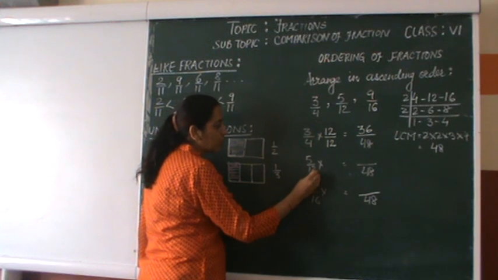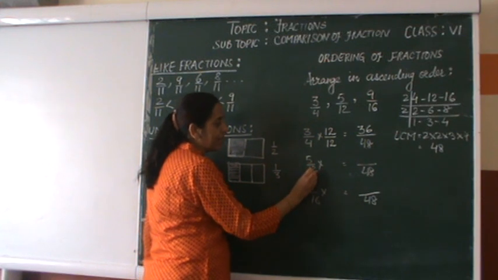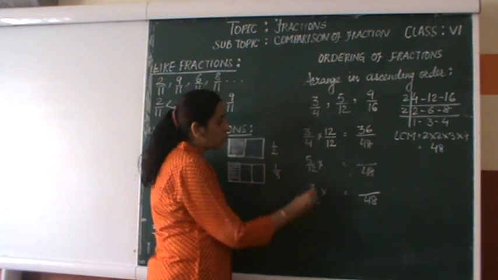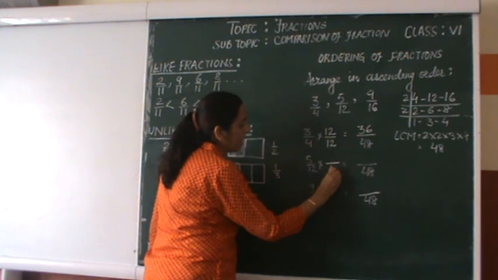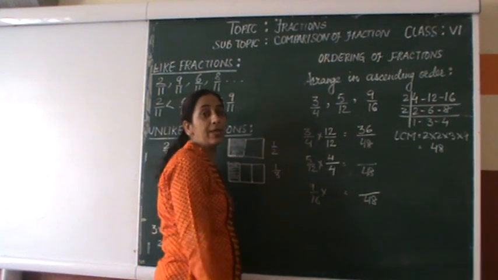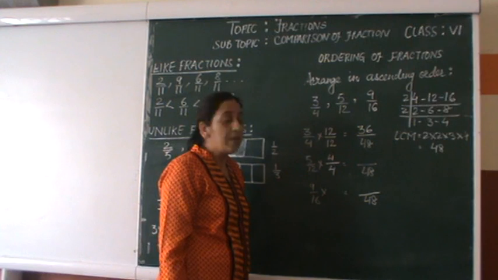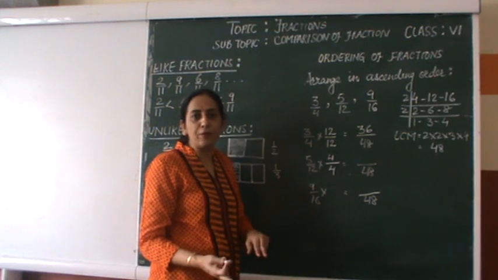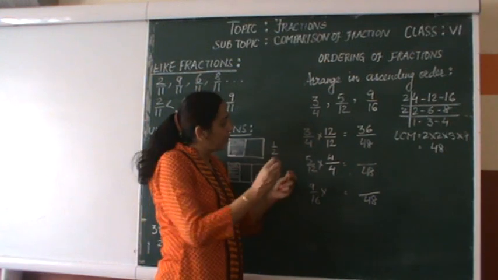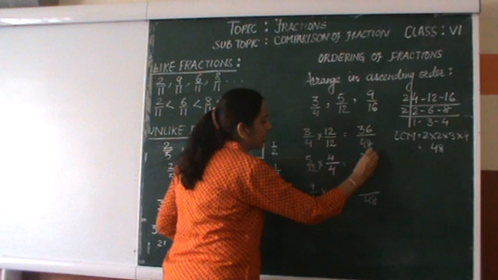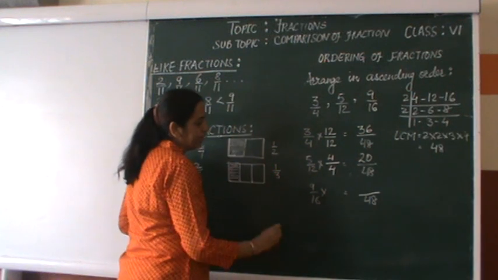Again, now I have to convert this 5 by 12 into an equivalent fraction with denominator 48. 12, you can multiply it by 4. If you multiply the denominator, you will multiply the numerator also. Why? Because this means you have multiplied it by 4 and you have divided it by 4, so you can see there is no change in the fraction. So 5 4s are 20.